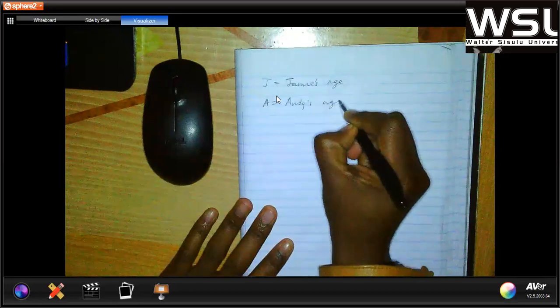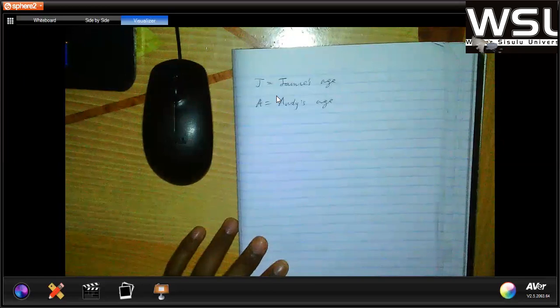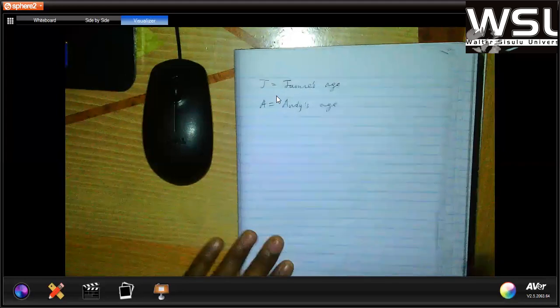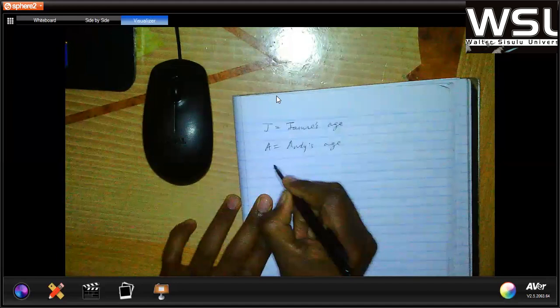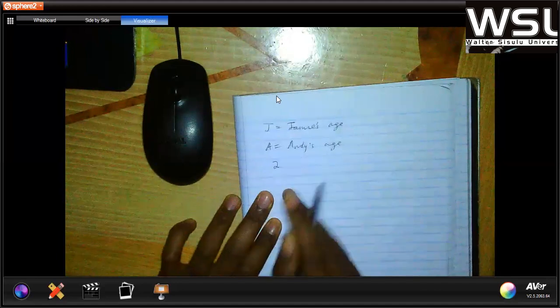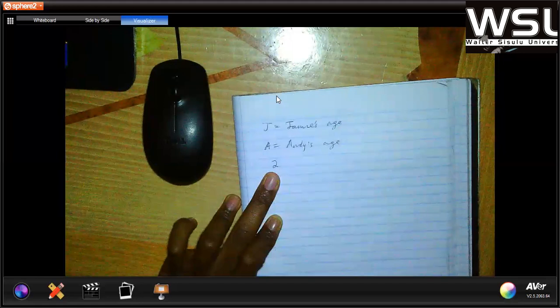Now, the statement here says, if you double, remember what double means? If you double James' age, and what is James' age?